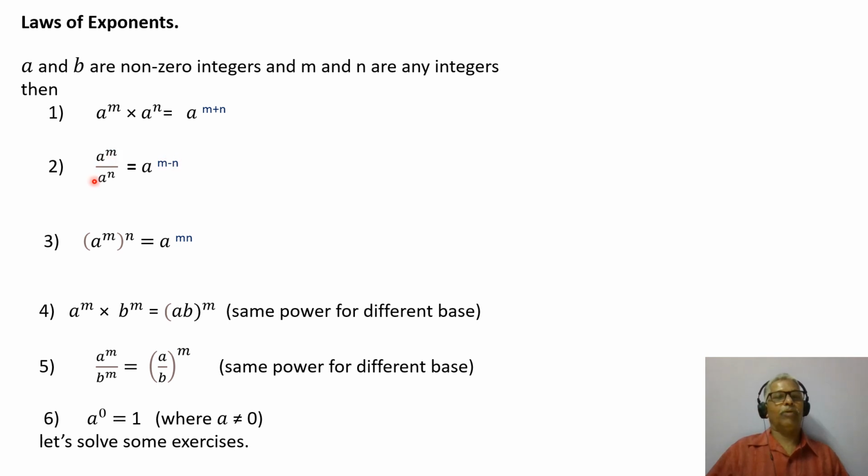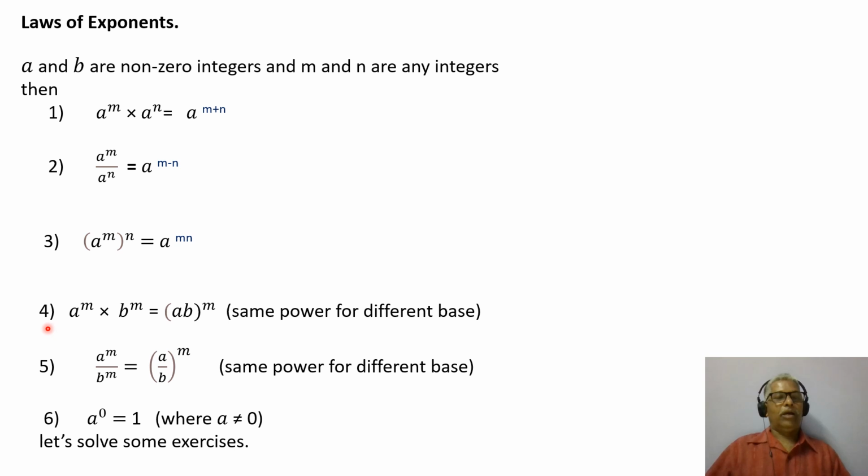So, a raised to m upon a raised to n is equal to a raised to m minus n, where the negative sign goes with the power of the denominator side. Third one is a raised to m and whole raised to n, that is equal to a raised to m into n. So this multiplies here, mn. Very simple.